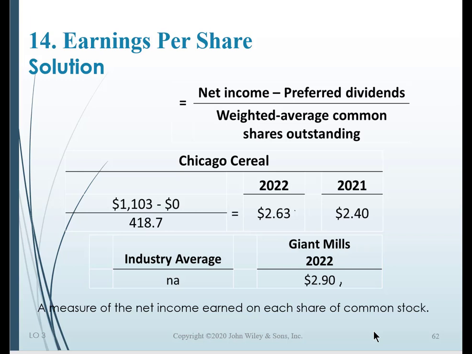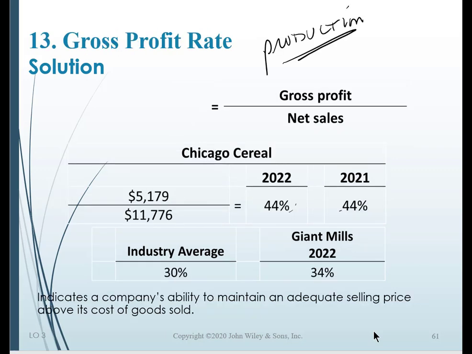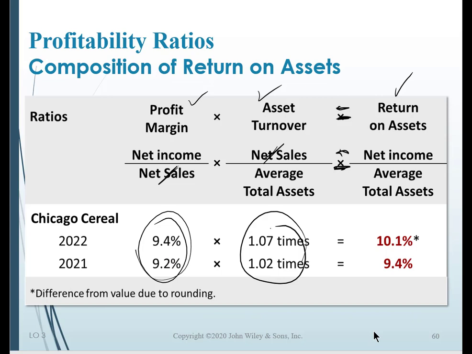Compared to Giant Mills, it's a little bit lower, but what could cause it to be lower? Maybe Giant Mills has fewer shares. If they have fewer shares, then even if they had the same income, right? And we know they don't have the same income, right? We can look at that up here somewhere. Where's their net income?